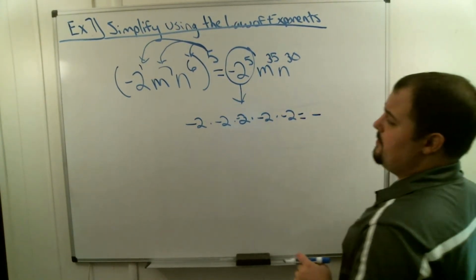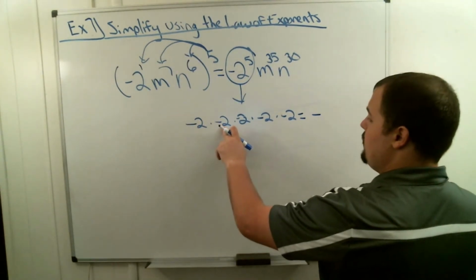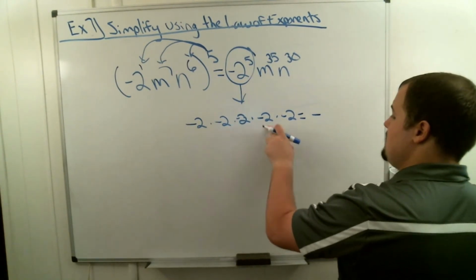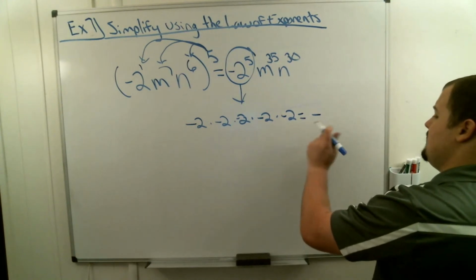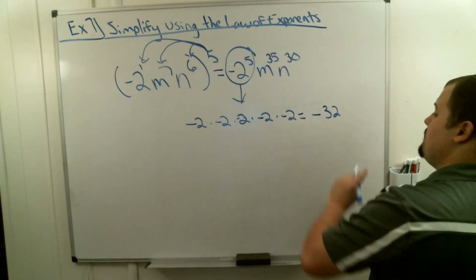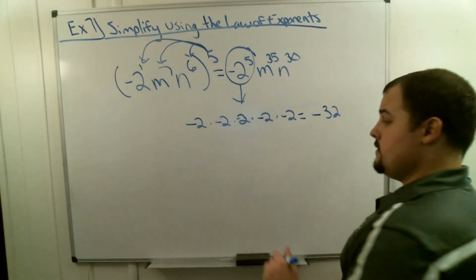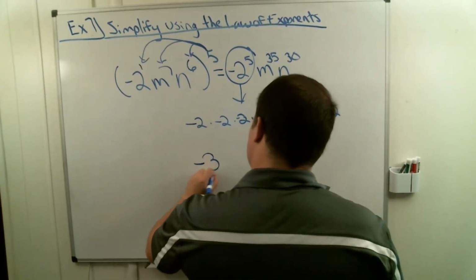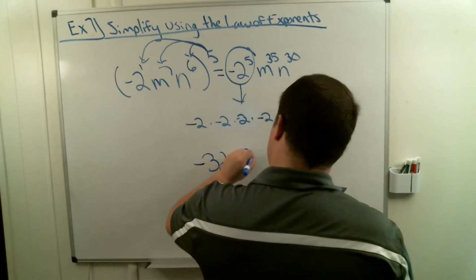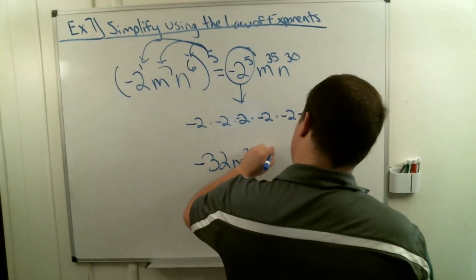So this is a negative number. 2 times 2 is 4. 4 times 2 is 8. 8 times 2 is 16. And 16 times 2 is 32. So my answer is going to be a negative 32 with these variables. So the final answer is negative 32, m to the power 35, n to the power 30.